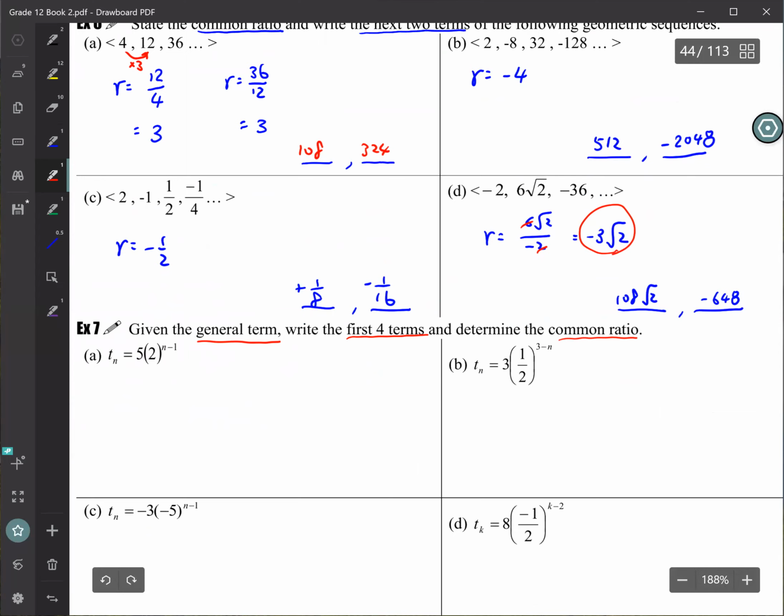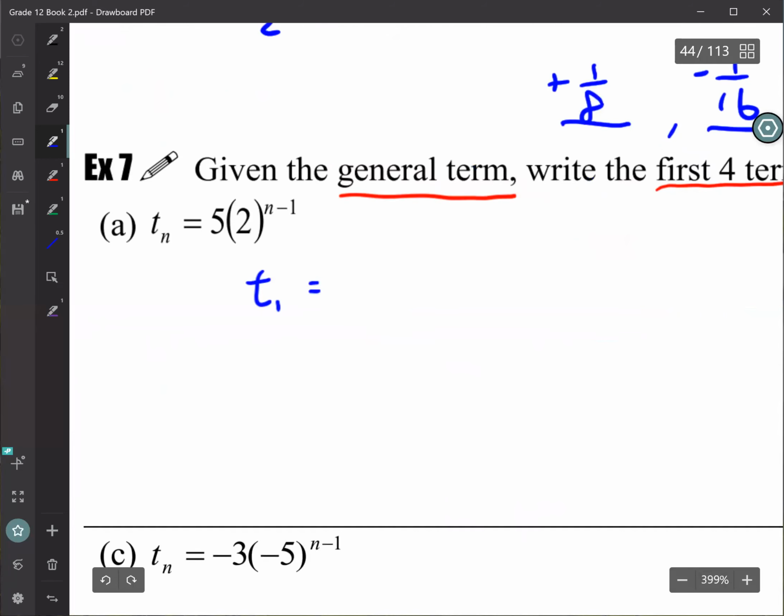I'll demonstrate one of them first. For example, I want to find the first one, so it'll be T1, or you can say a. T1 means n has to be 1, so put 1 into the formula. 1 minus 1 is 0.